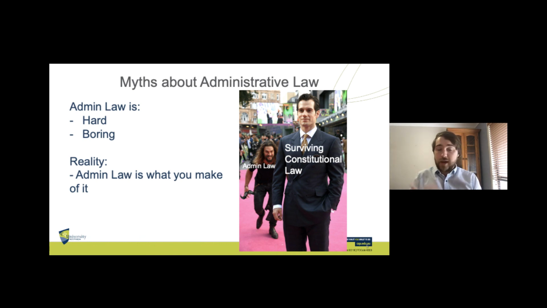Most people don't practice administrative law in their legal career, so it can be a little bit hard to bring that relevance to your studies. What I'm going to try to do throughout this unit is highlight ways in which the course is relevant to you personally, but also to think more broadly at a societal level.